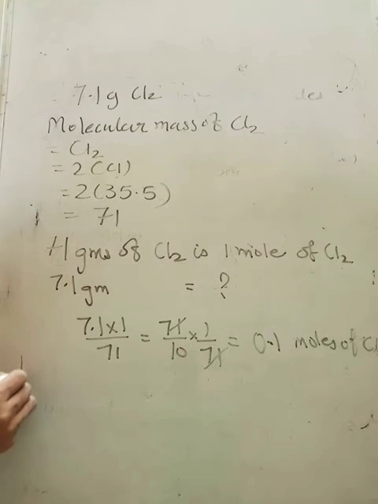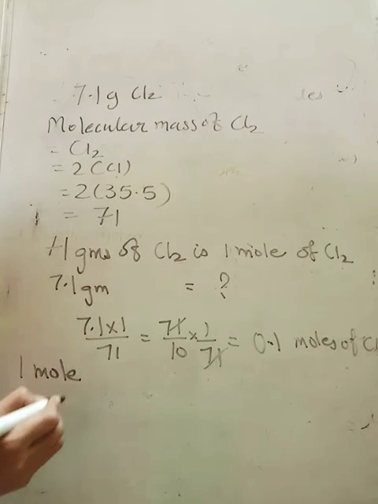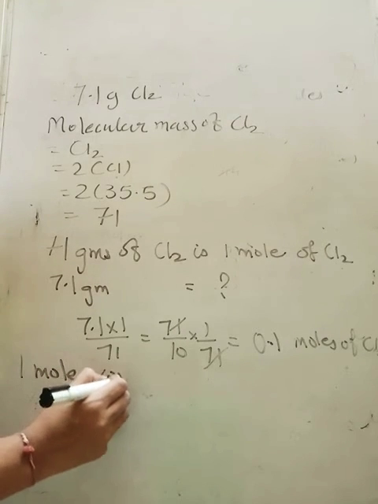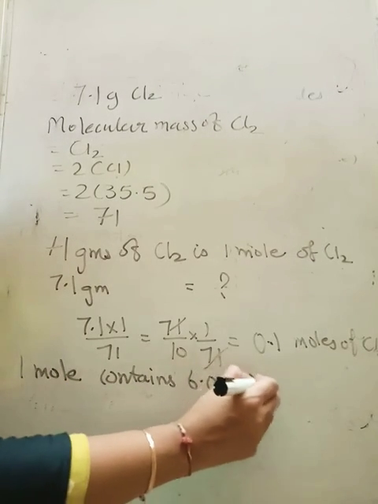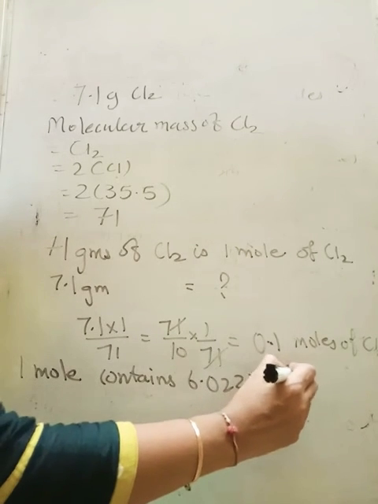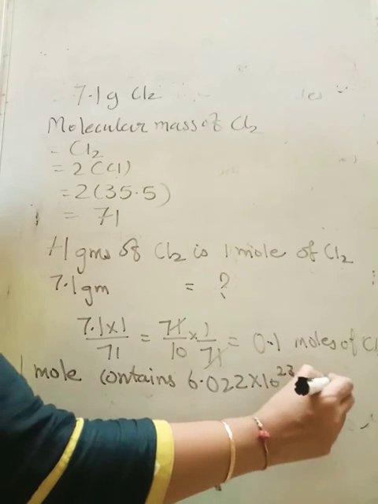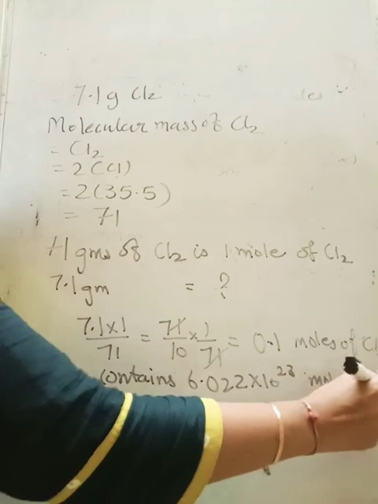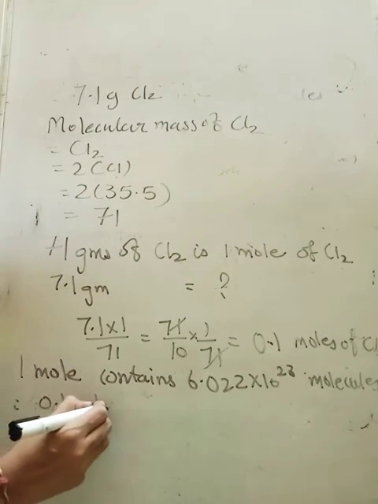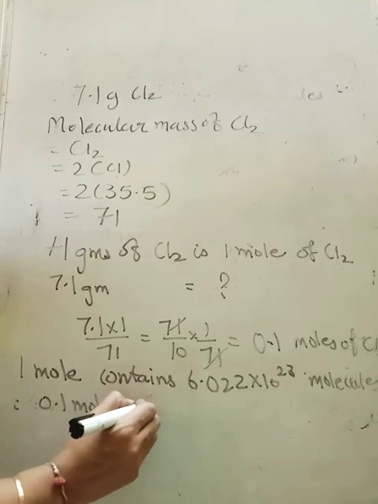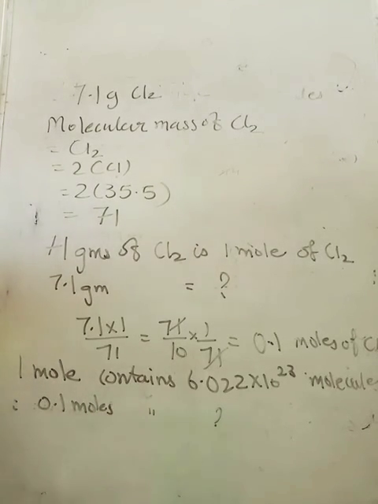Now what will you write down? 1 mole contains Avogadro's number 6.022 into 10 raised to 23 molecules. Therefore 0.1 mole contains how much?